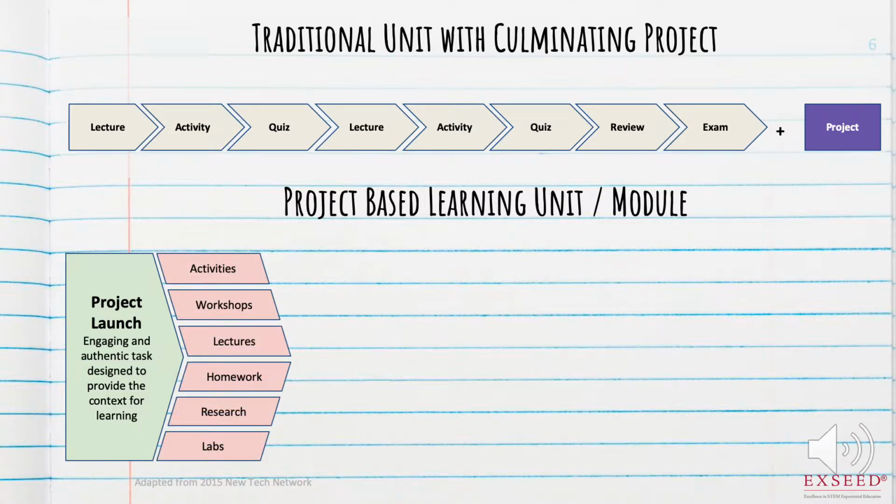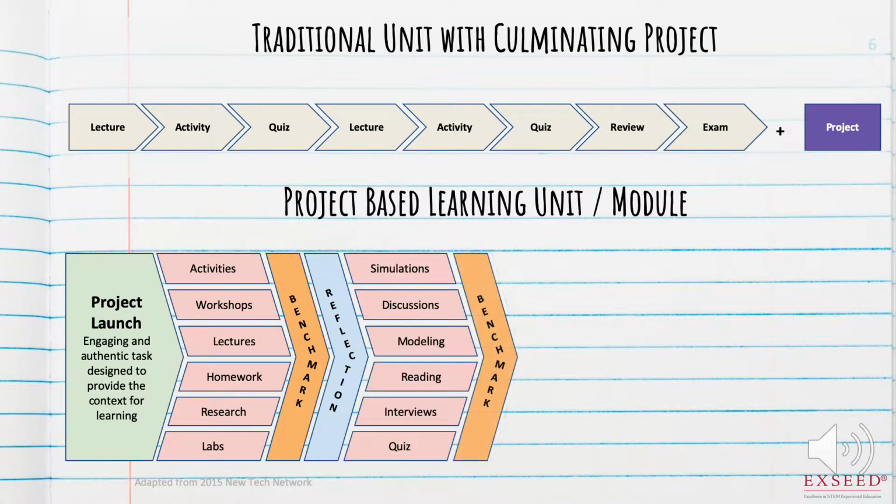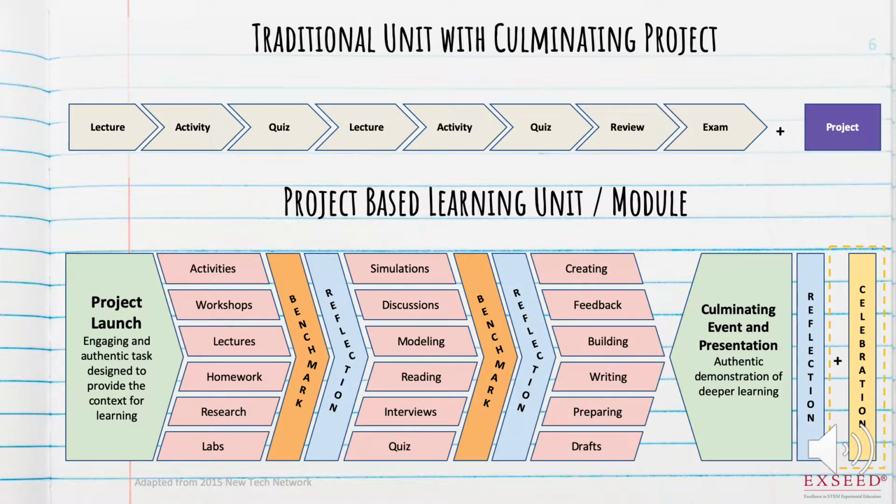You can interchange them along the way after you launch your project between lectures, research, workshops, and in between you can insert your benchmarks, your standards, your goals, and also reflect and assess for yourself, with your students, as a whole, as a school, whatever is required and suggested for you to do this school year, with the end goal in mind to culminate in an event and presentation at the end of the month, at the end of the semester, quarter, or year.